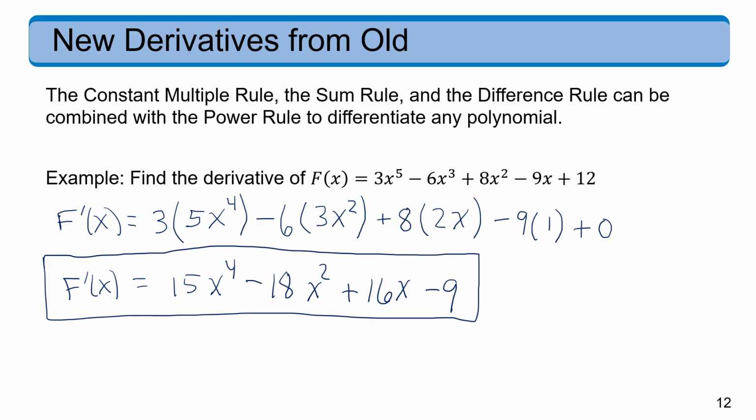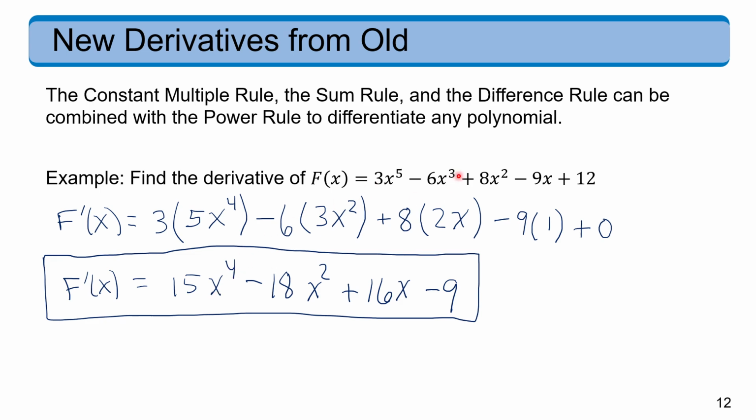And once you've done enough of these, you could actually skip the step I wrote here, and you can just look at the function and go directly to here. So for example, on the first term, you'd say, well, I'm going to bring down the 5, and then go ahead in the same step and multiply it by the 3. So that gives you the 15. And then you reduce the power from 5 down to 4.